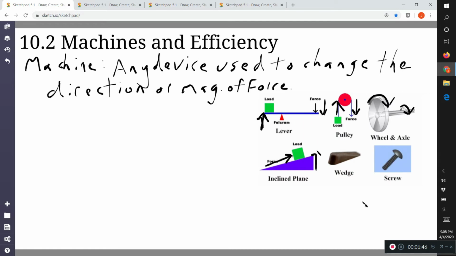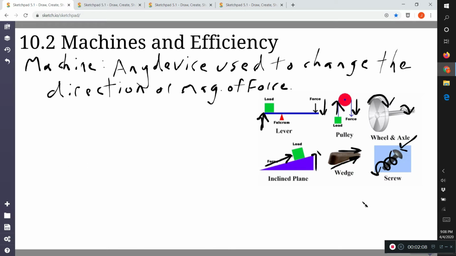And a wedge does that in reverse, essentially. It directs the force. We direct the wedge in a direction, and the force is directed downward. Same with the screw. We direct a force downward, and it directs the force in a circular motion.